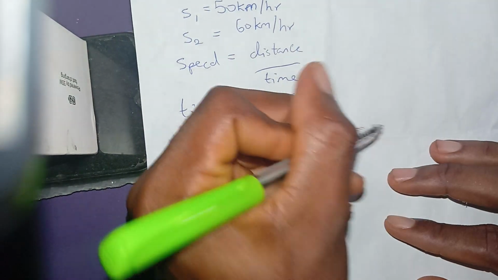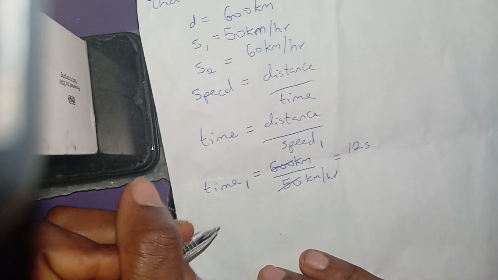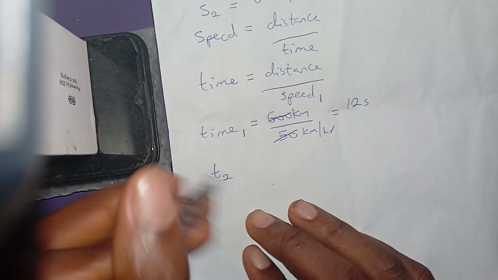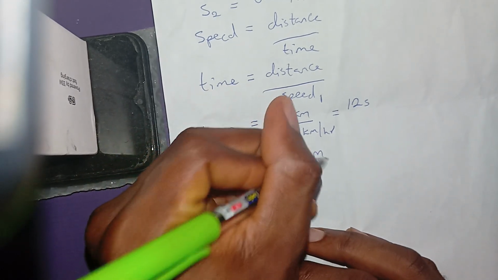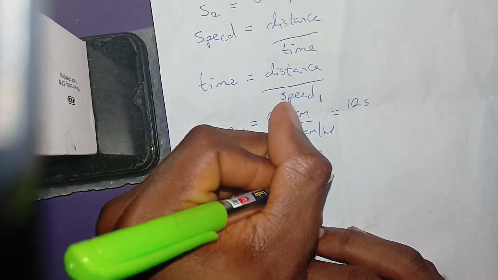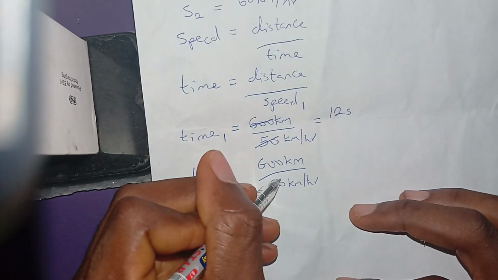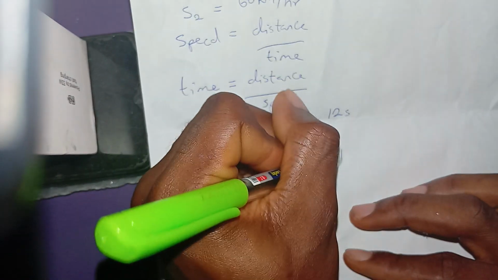That is our T1. Now our T2 is equal to 600 kilometers all over 60 kilometers per hour. 600 divided by 60 is pretty obvious, which is equal to 10 hours.